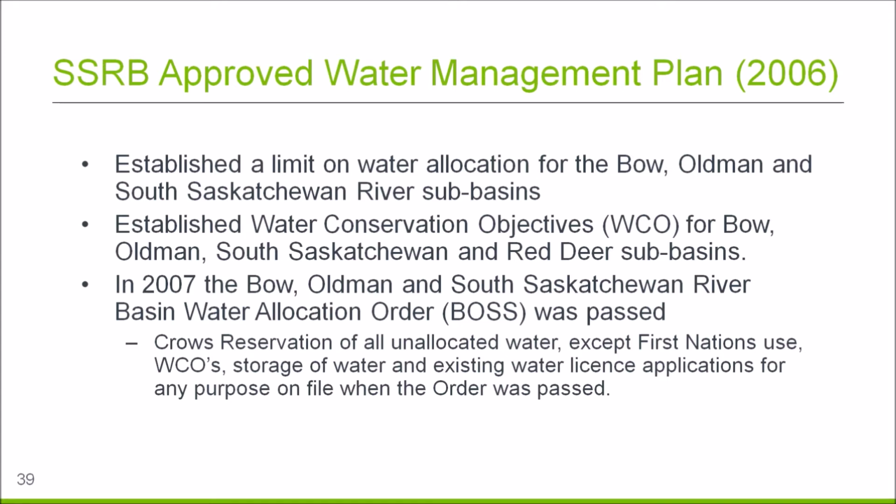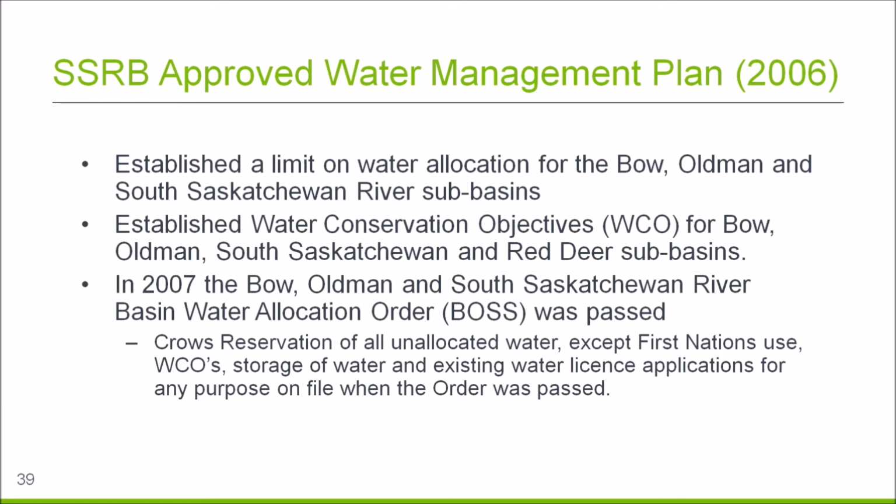Now, what it meant at the time is that because those 3 river subbasins were over-allocated, it put a limit, and it established water conservation objectives for those subbasins, and also for the Red Deer River subbasin.